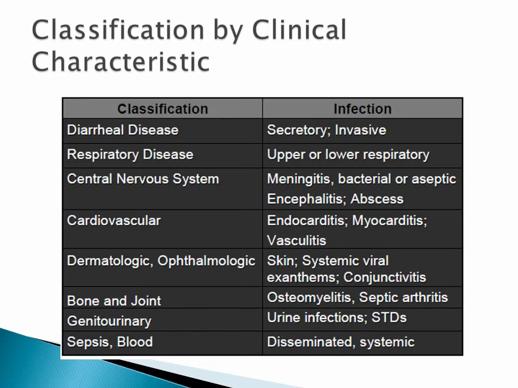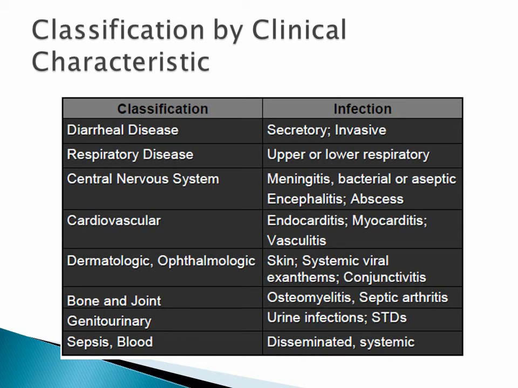So let's begin to discuss some ways we can classify emerging and re-emerging infectious diseases, or infectious diseases in general. You can classify them by clinical and/or anatomical characteristics, for example, the anatomical part of the body they infect. Diarrheal diseases infect the digestive system; they could be secretory or invasive. Some diseases infect the respiratory system, causing upper or lower respiratory infections.